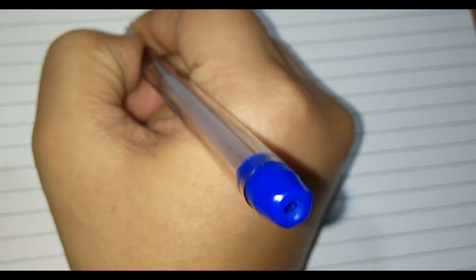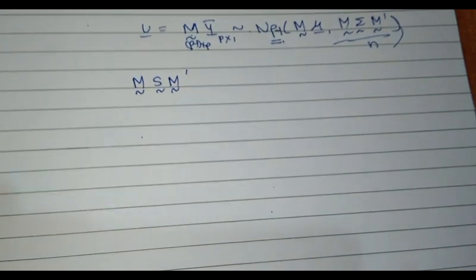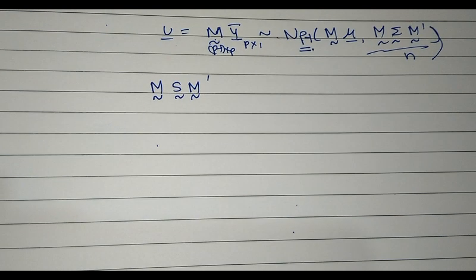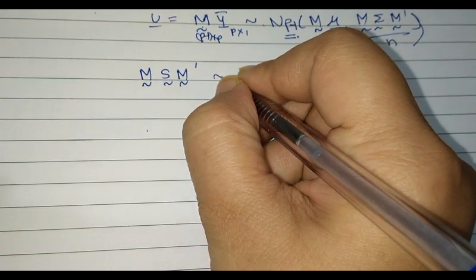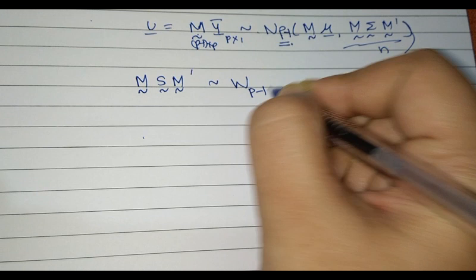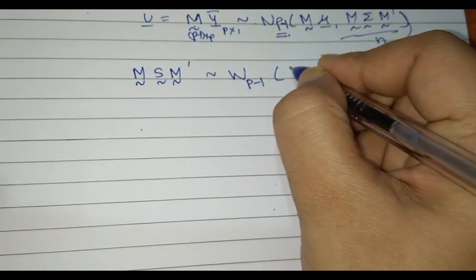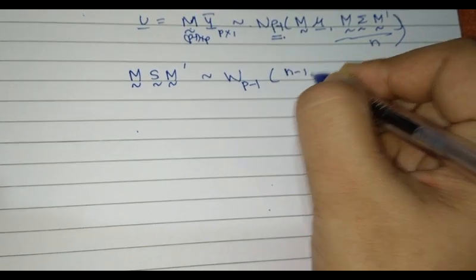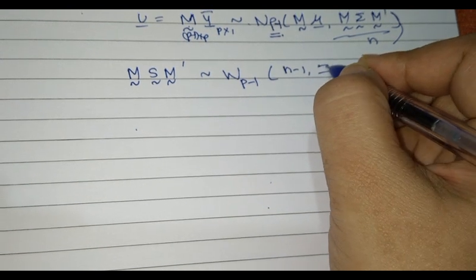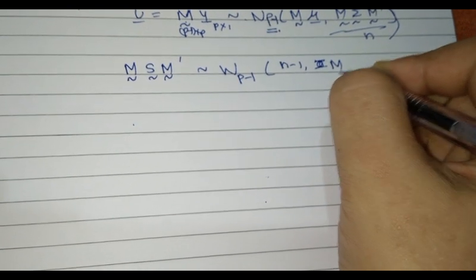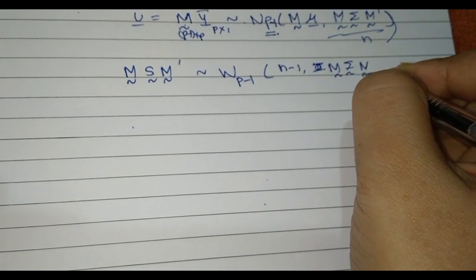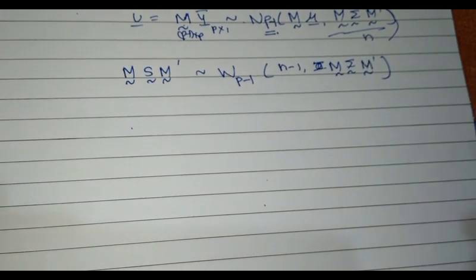Now I want S. Of course, I would consider M, S, M prime. Okay. Again, by properties of Wishart, I know M, S, M prime will have P minus 1 dimensional Wishart with same degrees of freedom, that is n minus 1, and variance covariance matrix as M sigma M prime.